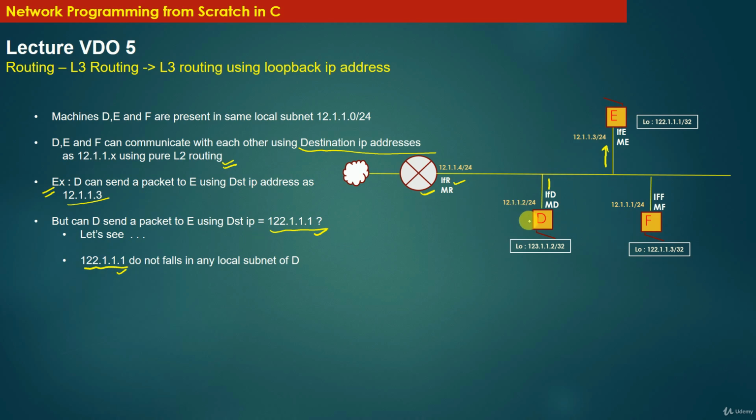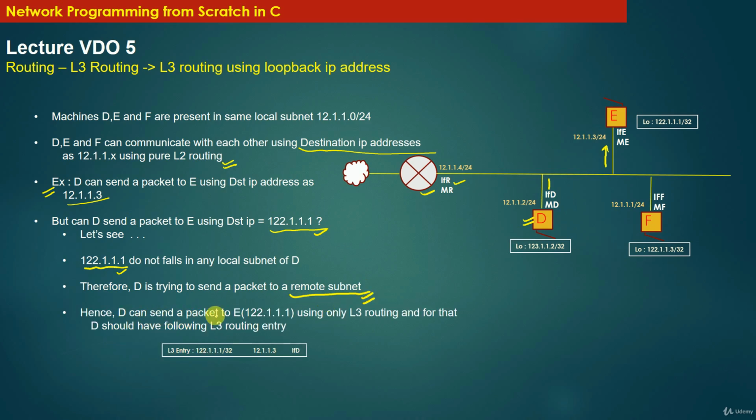Machine D only has one local subnet, and that is 12.1.1.0/24, and clearly the destination IP address to which machine D is trying to send a packet does not fall in this subnet. Therefore, machine D decides that it is not a case of L2 routing, but it is a case of L3 routing. Therefore, D is trying to send a packet to a remote subnet.